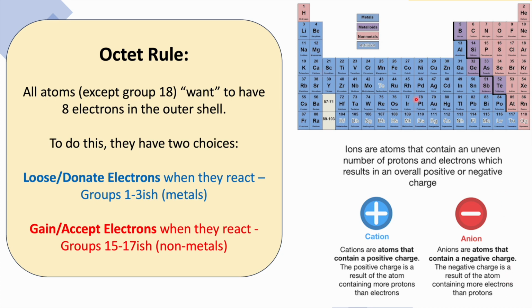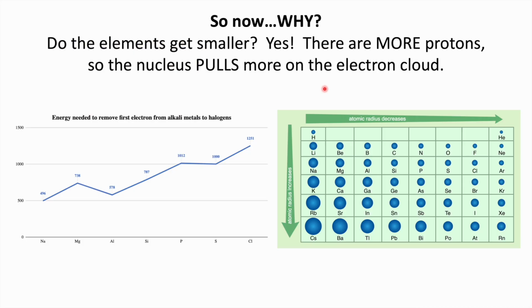So metals lose, nonmetals gain. You might notice here hydrogen hanging out here. Hydrogen is a nonmetal and doesn't belong in group 1. So back to what we talked about in the beginning. Why do these elements shrink as we go across the table?